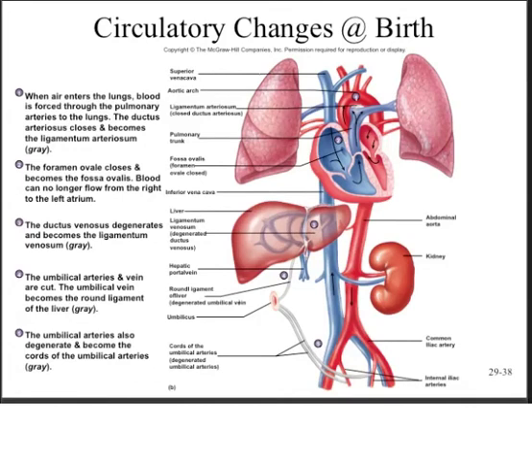The umbilical arteries also degenerate and become the cords of the umbilical arteries. So you can see here that once we're out as the neonate breathing air, it's primarily pressure changes that bring about the collapse of these bypasses and restore now the normal blood flow in the neonatal heart.